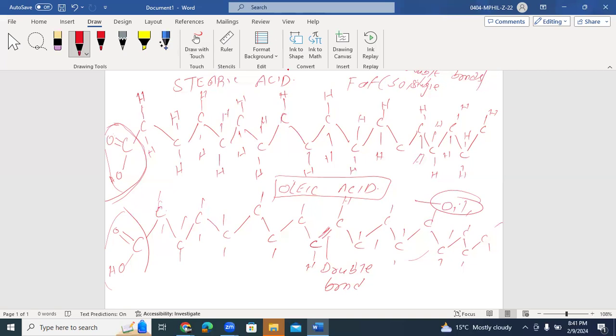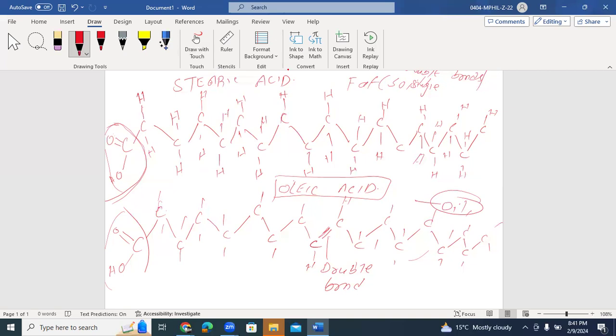However, in the case of oleic acid, at carbon number 9, we have a double bond, and because of this double bond, the number of hydrogens is reduced. If anybody asks you this question, where will more ATP be produced, in stearic acid or in oleic acid?